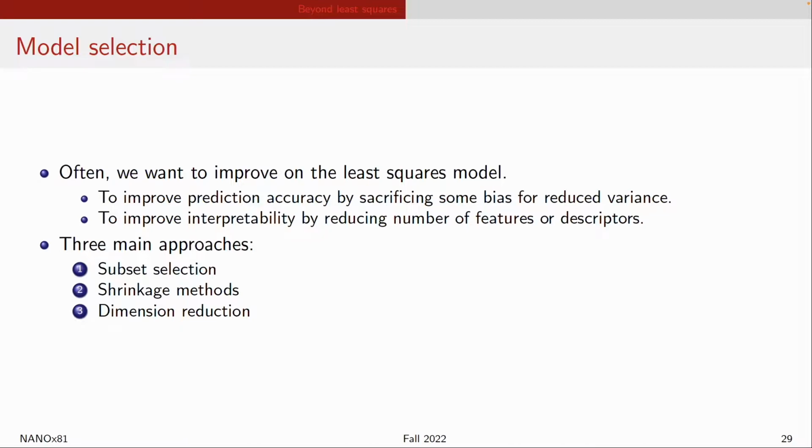Now, the second reason why we want to do that is to improve the interpretability of our models. As I mentioned, as you increase the number of variables, your model on the training data will always improve in performance. But not only do you lose generalizability, you also lose interpretability.